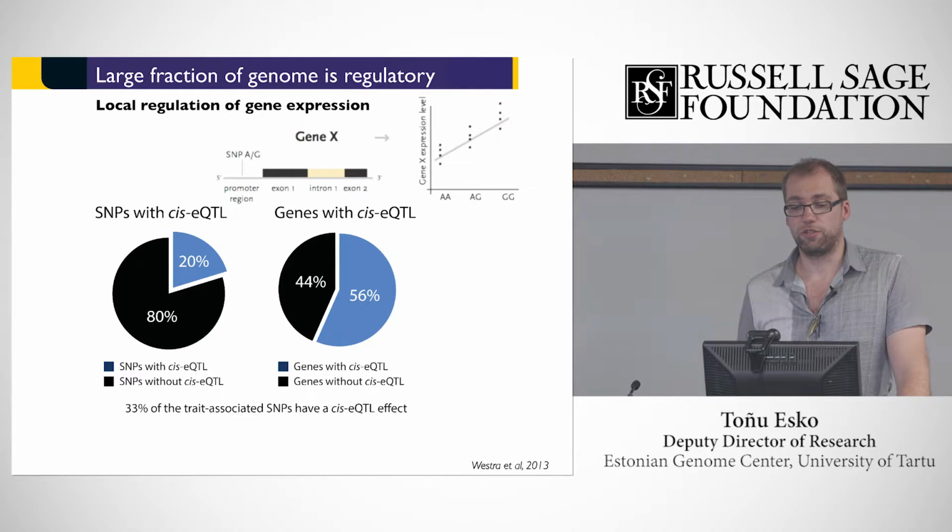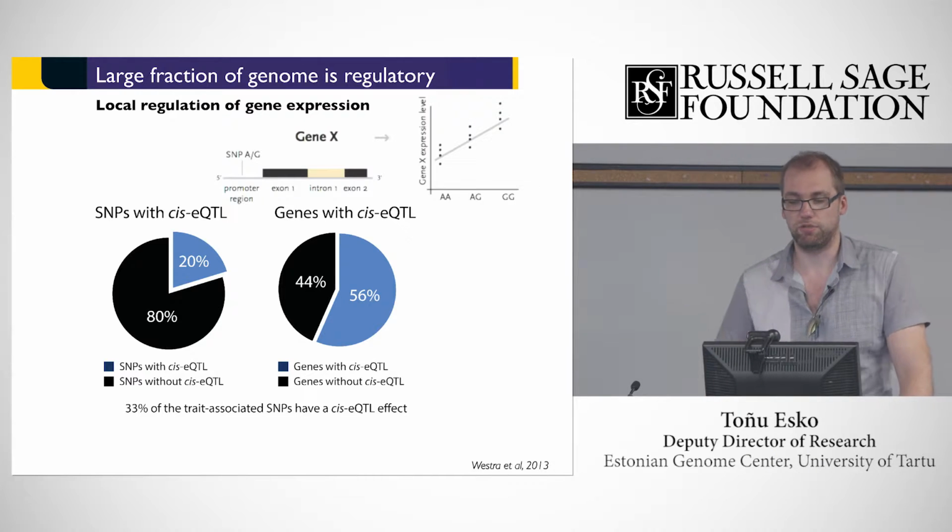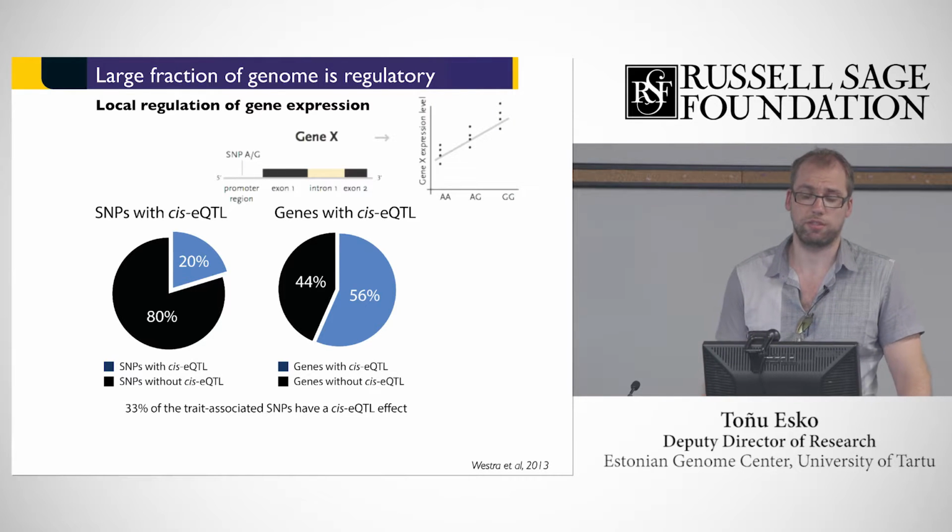We can check if the SNPs that we identify in our genome-wide association study specifically affect the expression of any genes within close vicinity. We usually consider plus minus 1 million base pairs as the window. And as I said, it's very simple: you take the SNP genotypes and run a simple linear regression to see if the allele dosage has a linear effect on gene expression.